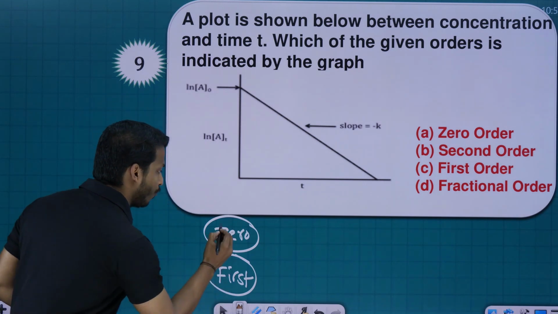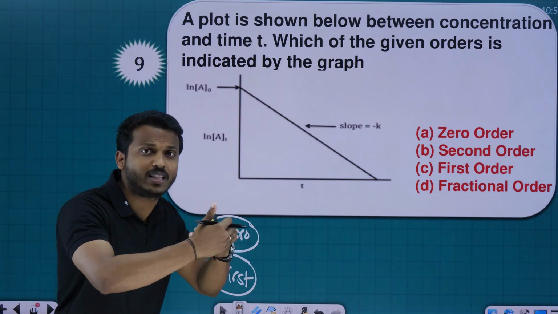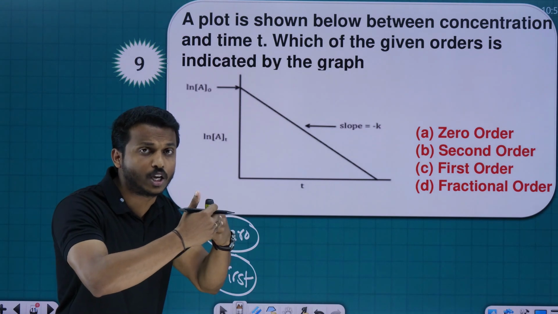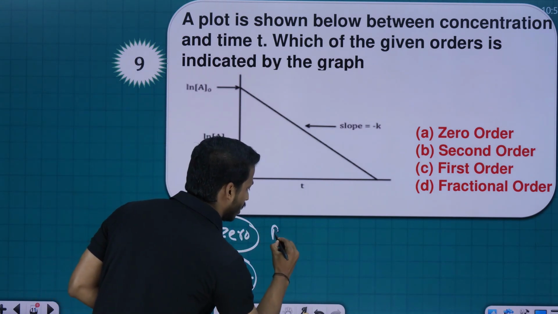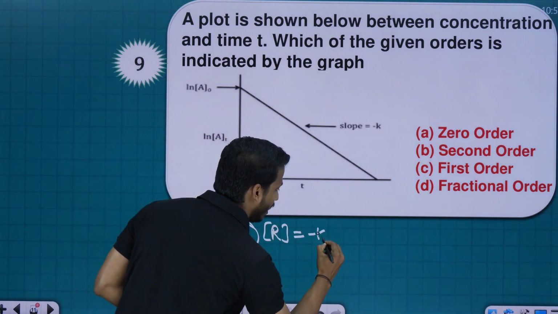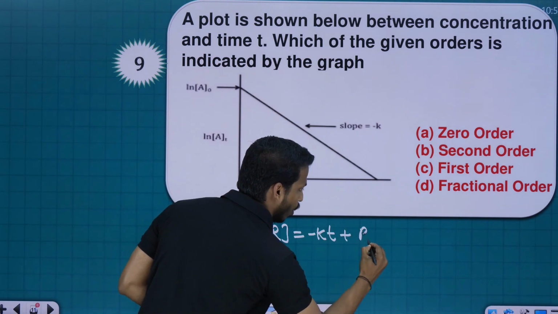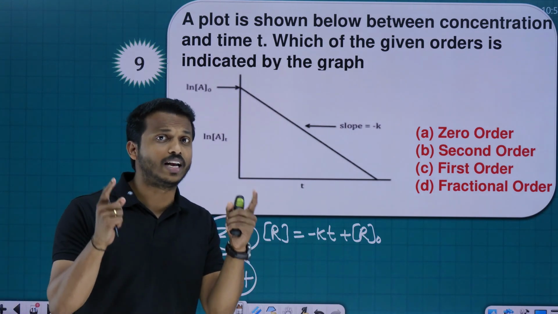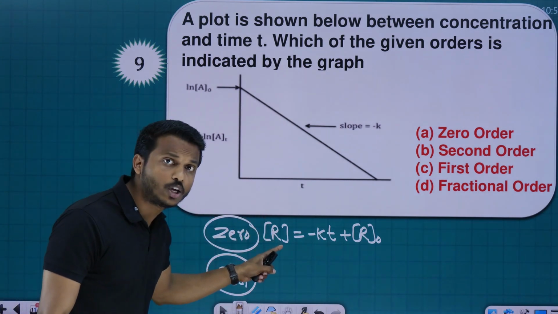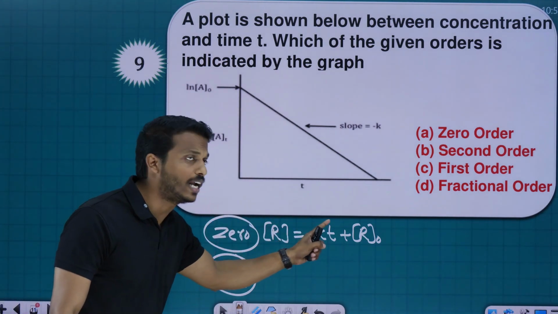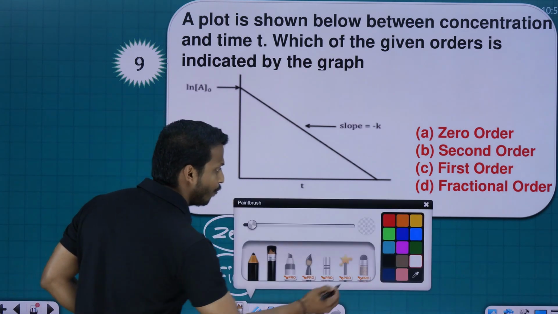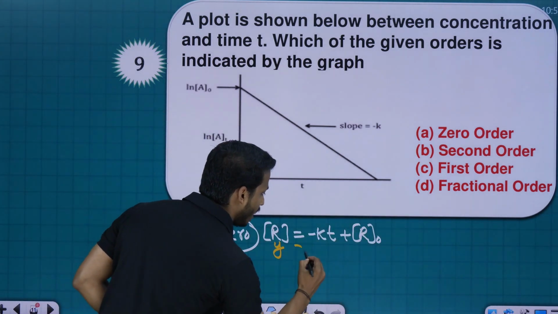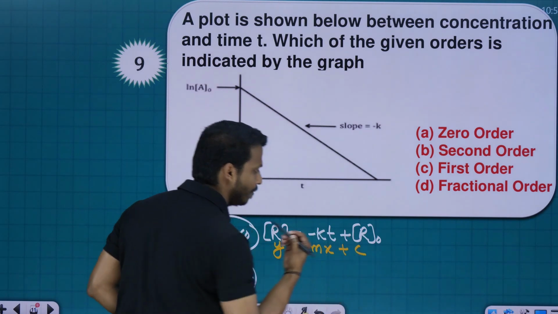In between the derivation of the integrated equation, an equation comes: R is equal to minus kt plus R naught. It is in the format of a straight line, y equal to mx plus c.